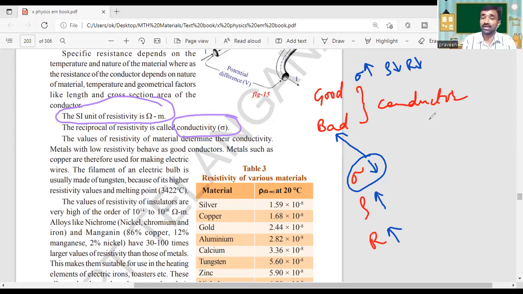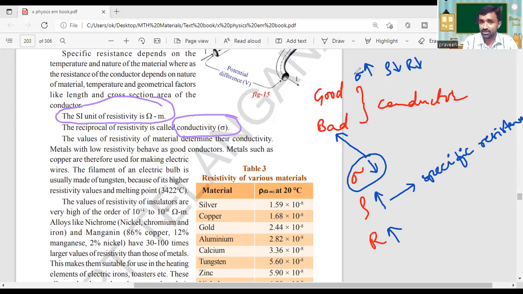For bad conductors, conductivity is less, resistivity is more, resistance also more. This resistivity is also called specific resistance. Remember, another name for resistivity is specific resistance. Right? So this is about good conductors and bad conductors.